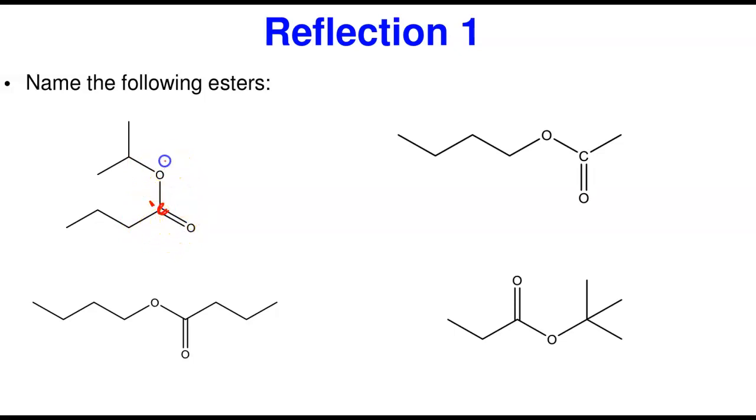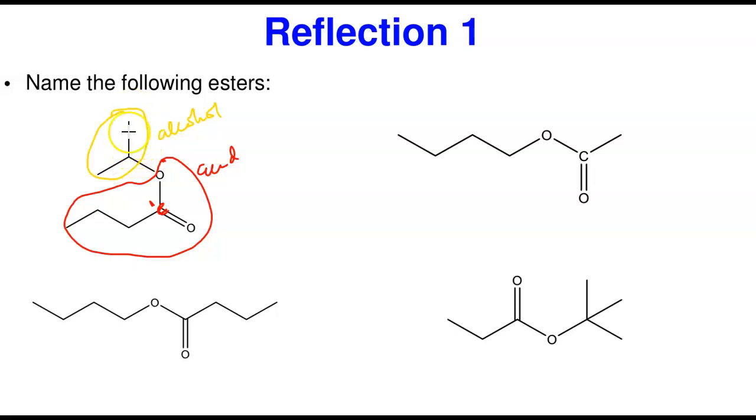What it then means is that this other part is contributed by the alcohol. Now, what is this? If you look at this, this is isopropyl: 1, 2, 3. So isopropyl is the part that is contributed by the alcohol.